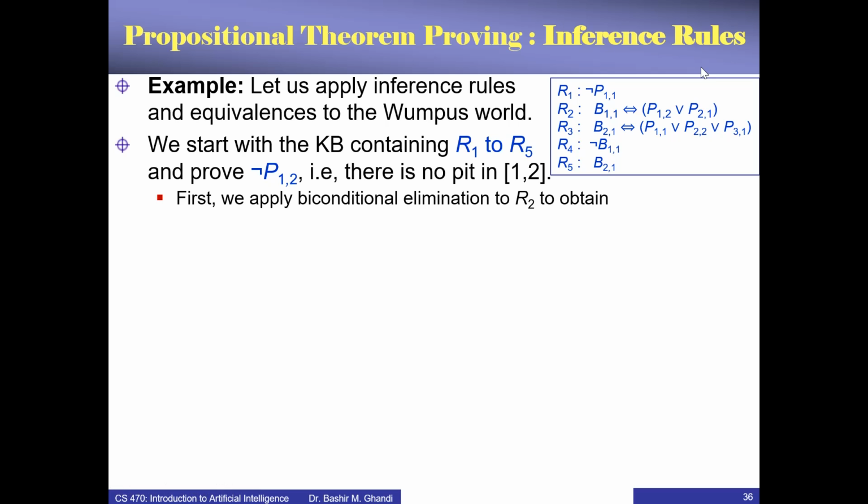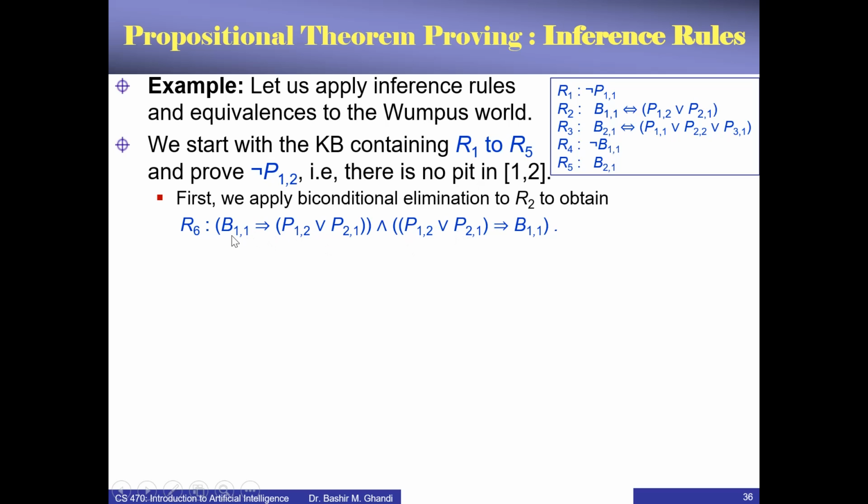First we apply bidirectional elimination on R2. R2 says there will be breeze in 1-1 if and only if there is a pit in 1-2 or there is a pit in 2-1, if there are pits in the adjacent squares. We can use bidirectional elimination to change it into this.